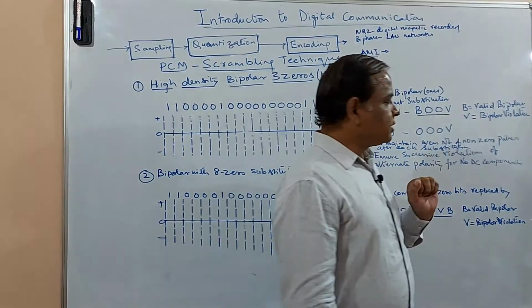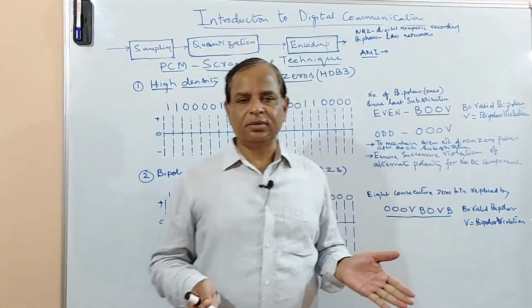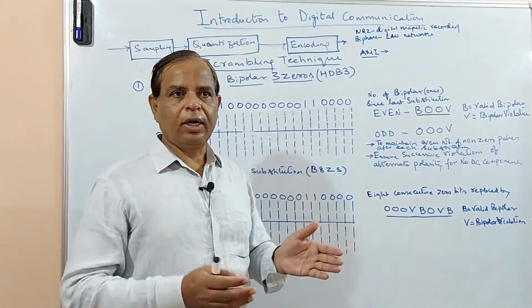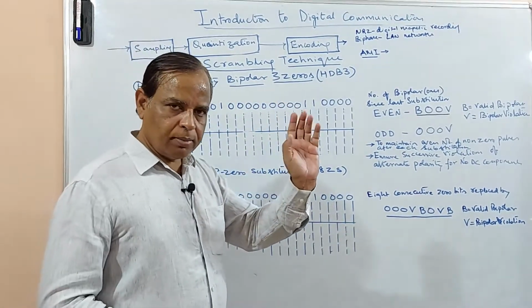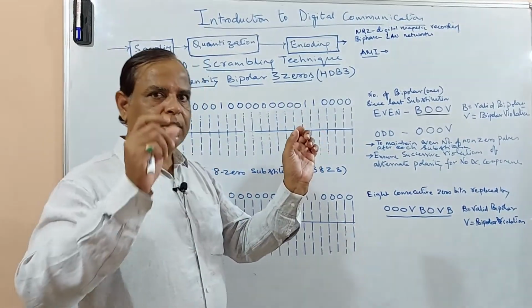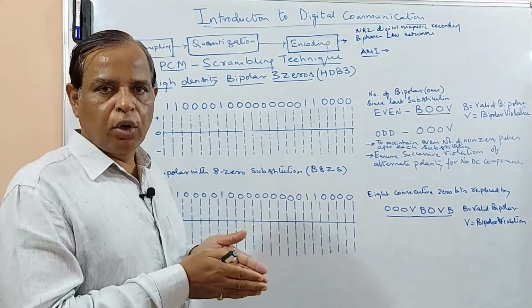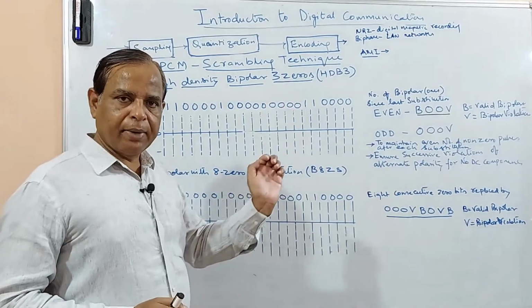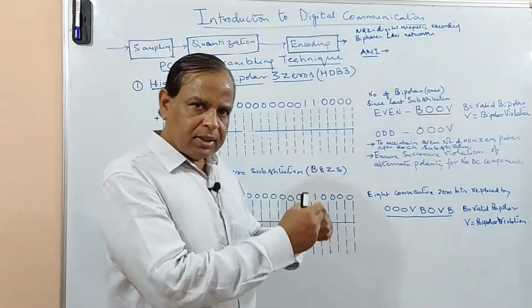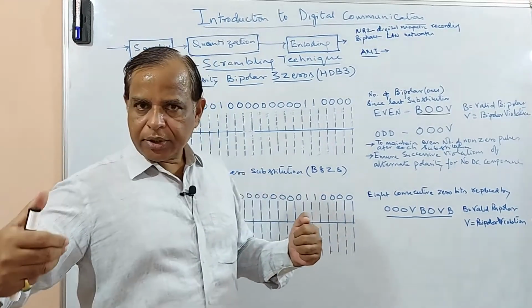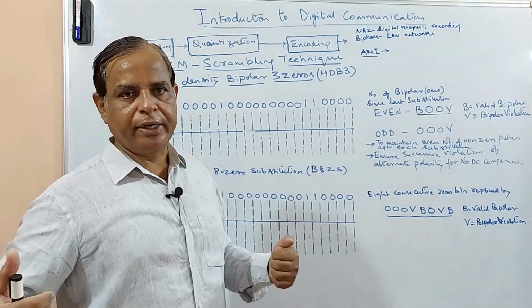But V stands for violation. It's bipolar violation. So if the earlier pulse is positive and the next pulse you put is again positive, you are violating the rule of the AMI. Similarly, if the pulse is negative and you are replacing with negative, again you are violating here.